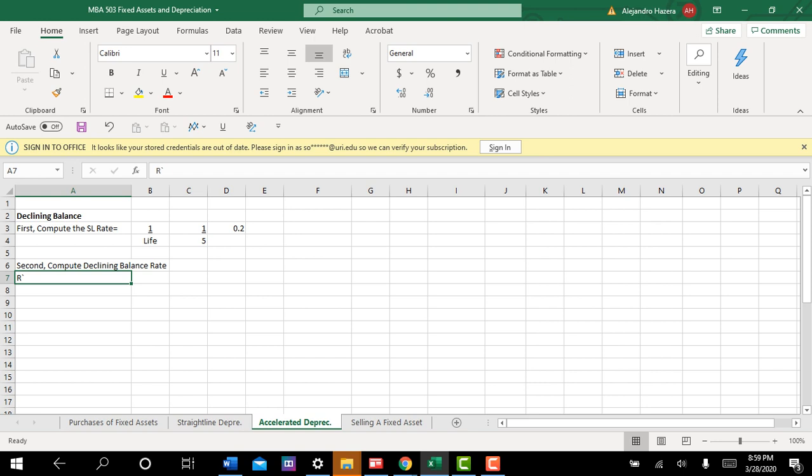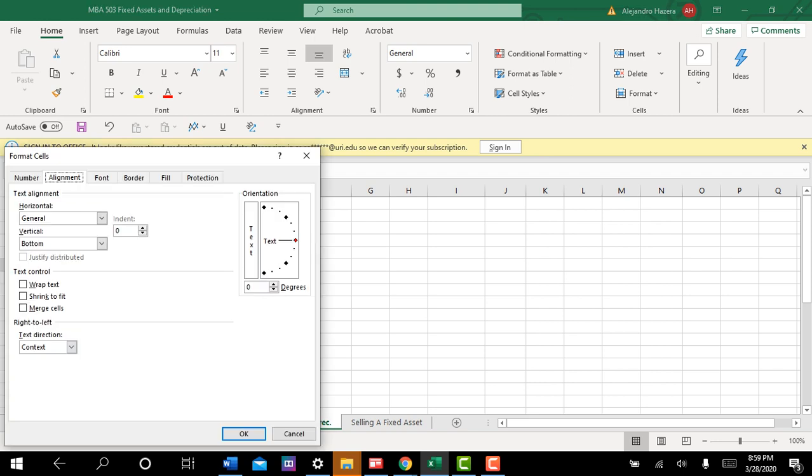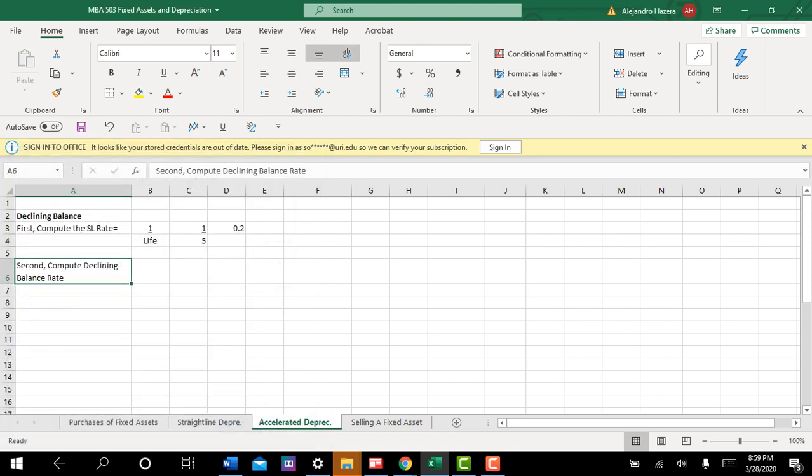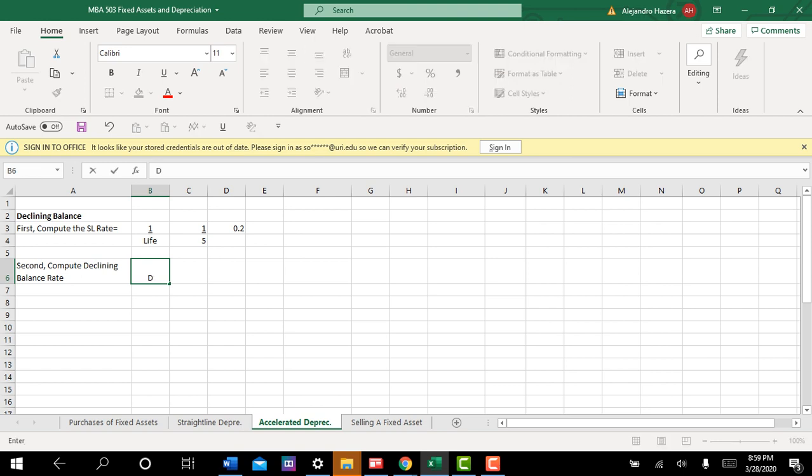To save myself space, I'm going to go ahead and wrap this text. So our declining balance rate is equal to a declining balance percentage.